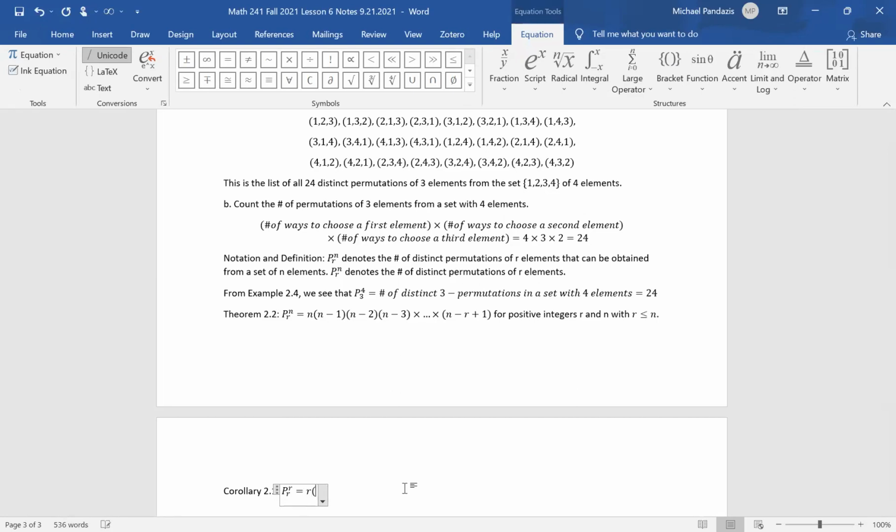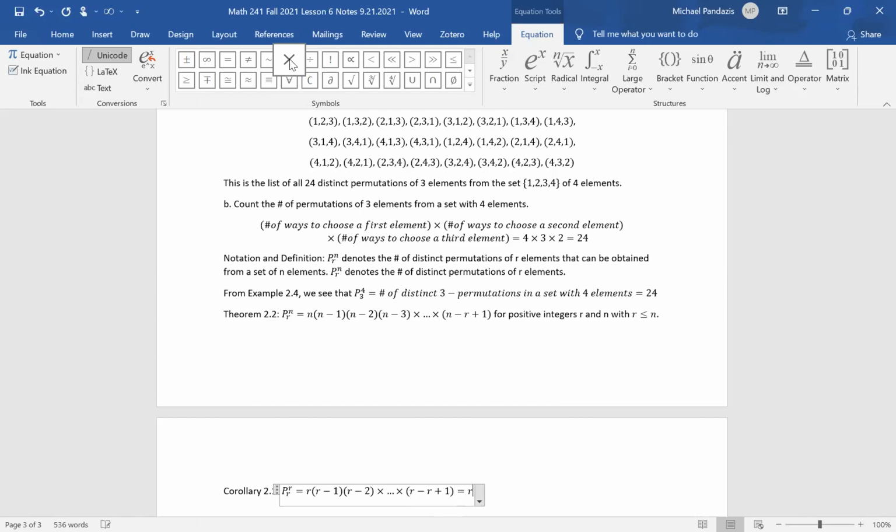It says it's R times R minus 1 times R minus 2 times ... times, and then following the notation, it's R minus R plus 1. Instead of n minus R plus 1, it's R minus R plus 1 because n is R, but R minus R plus 1 is 1.